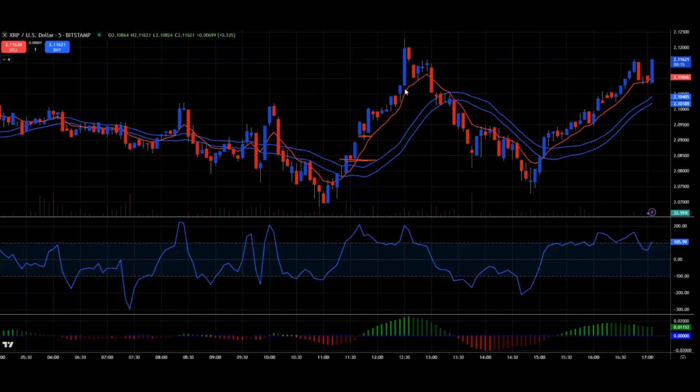So, for example, we have this big push in this area. We would put our stop loss right here, right? So, let's say in the future, price came back, and we probably would have moved our stop loss up in this area and probably gotten stopped out somewhere in this area, right?